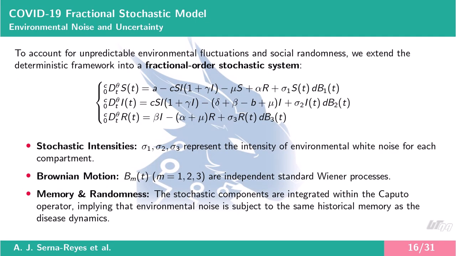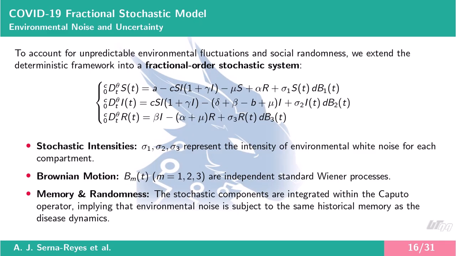Up to this point, the model is deterministic. However, epidemic dynamics are also influenced by random environmental fluctuations that cannot be captured by a deterministic framework alone. To account for this, we extend the model by incorporating stochastic perturbations into each compartment via independent Brownian motions B1, B2, and B3.